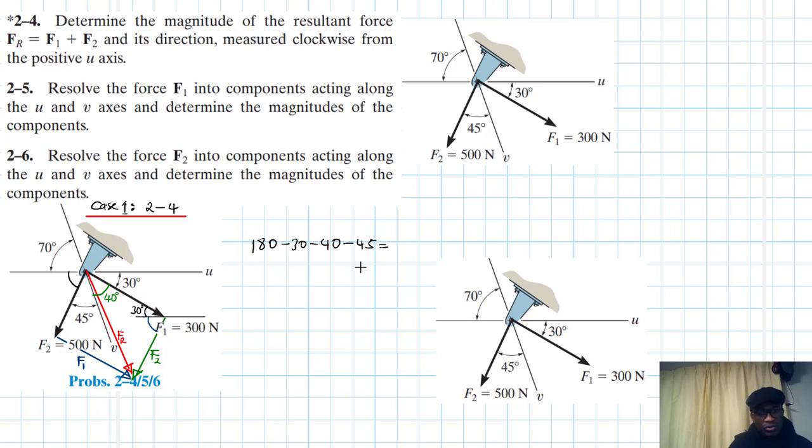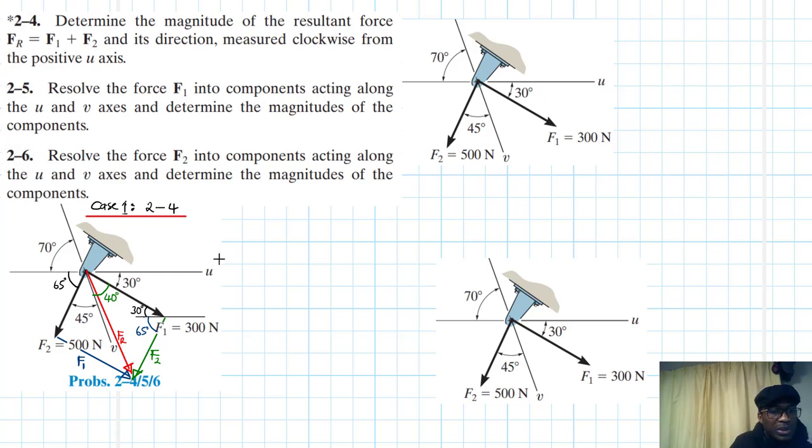Of course, you're supposed to agree. So 180 minus 30 minus 40 minus 45 gives us 65. So this is 65, and this angle is similar to this one here, which is also 65. Great. So we have all the information that we need.